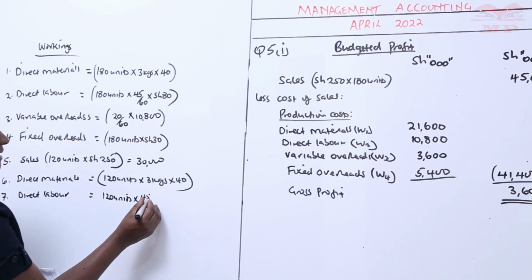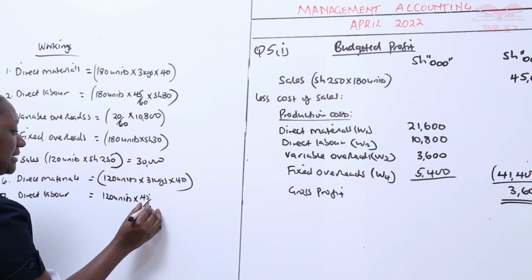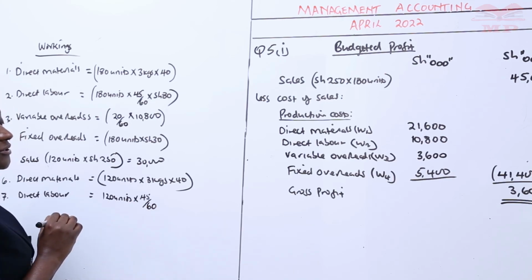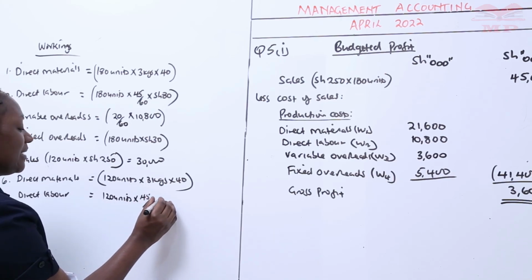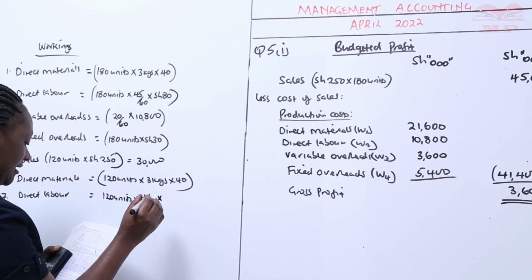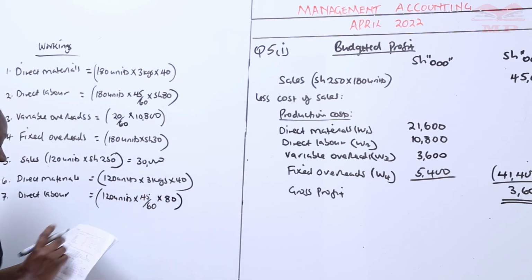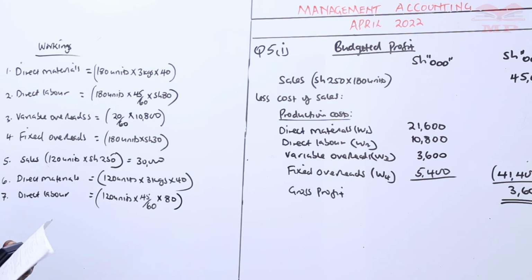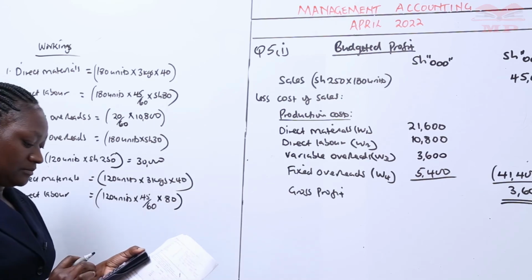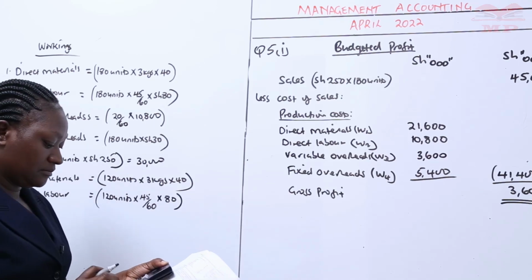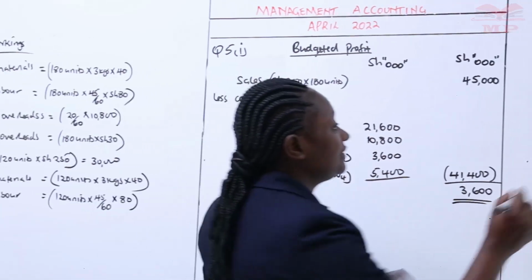So convert this to hours by dividing by 60, multiplied by the cost per hour, which is 80.